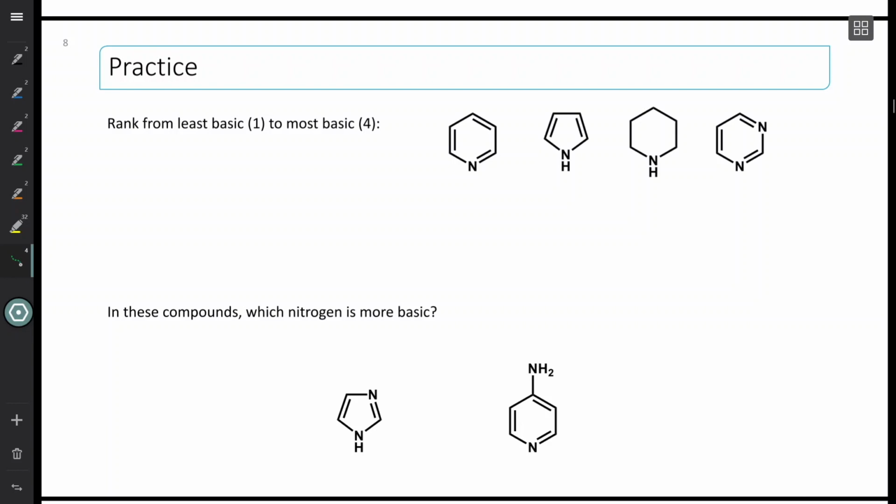Right away I see this one is an sp3, no resonance, no electron withdrawing or donating groups. So this is clearly my most basic, number 4. Right next to it, this is sp2. It is basically an aromatic lone pair. So this is my least basic.